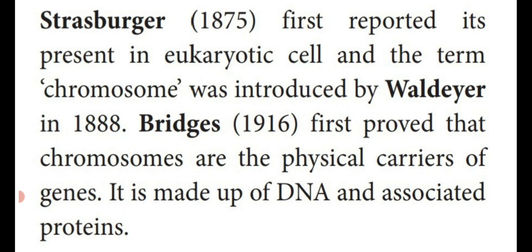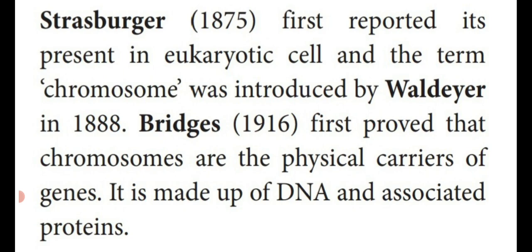The chromosome is divided into different types based on the position of the centromere, and different types of chromosomes based on shape we have also seen in the previous video class.